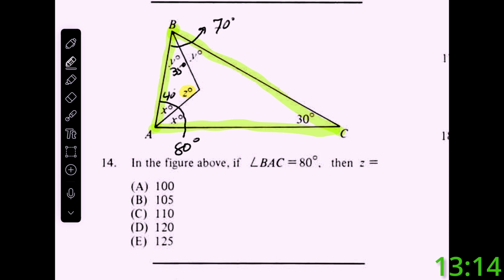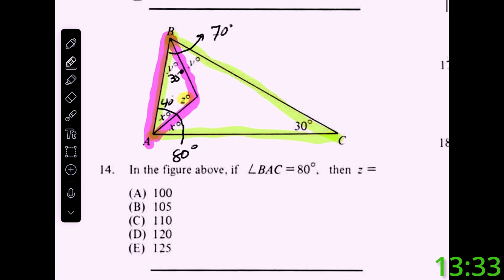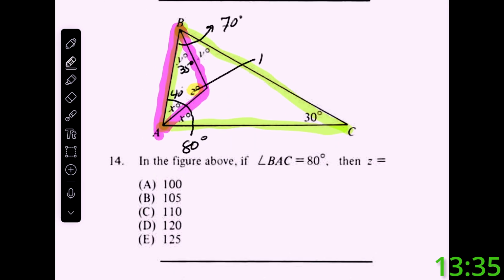And now I've got a smaller triangle, this little guy right here, whose angles also add to 180. Let's see, 35 and 40 is 75. 30 and 40, 75. So that means Z has got to be 105 degrees. 105. B is my answer.